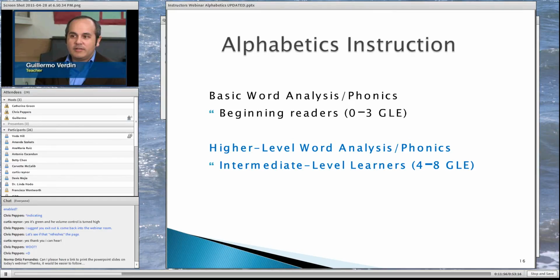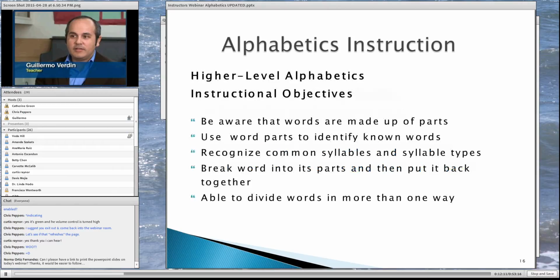Now, evidence-based reading instruction recommends practice with the higher level word analysis skills to help them decode these longer words more successfully. So let's take a look at what the higher level word analysis or phonics entails. Now, when I'm talking about higher level alphabetics, I'm talking about making sure the students are aware, and have a good understanding, that words are made up of parts and that we use those parts to identify known words.